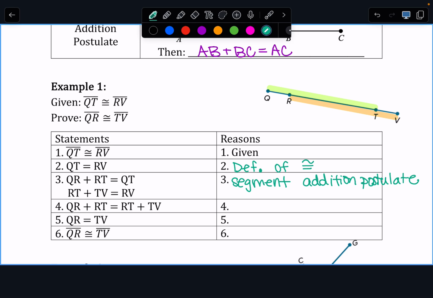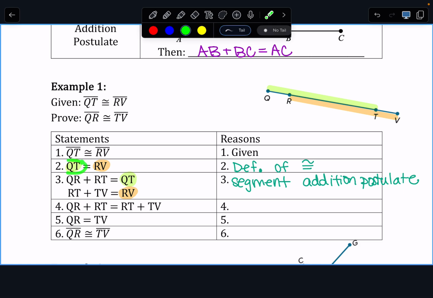All right. Now, do you notice how RV equals QT? Okay. Do you notice how we have a sum that equals RV and a sum that equals QT? So what can we do? We can substitute.